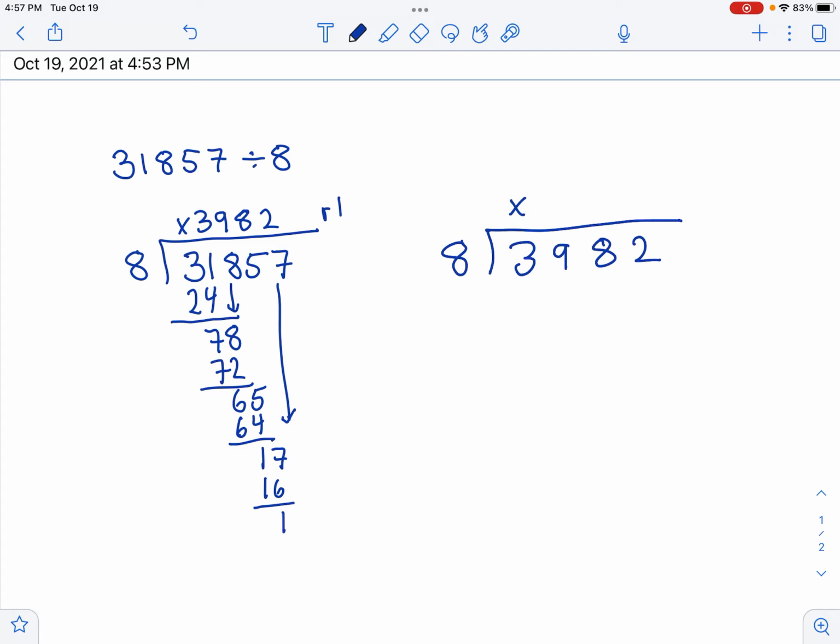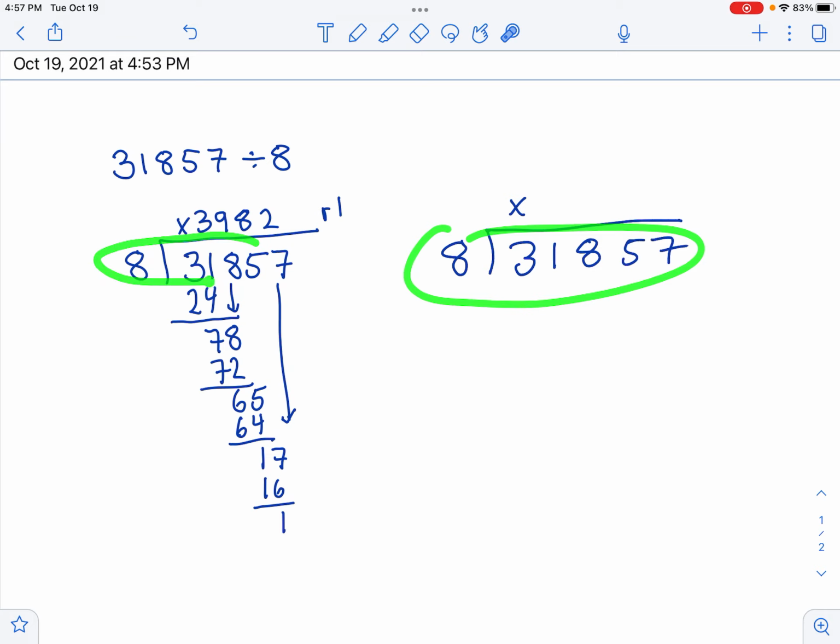Oops, I wrote that wrong. I wanted it to be the same thing. So 8, 31,857. There we go. So these two are the same division problem. Sorry about that.